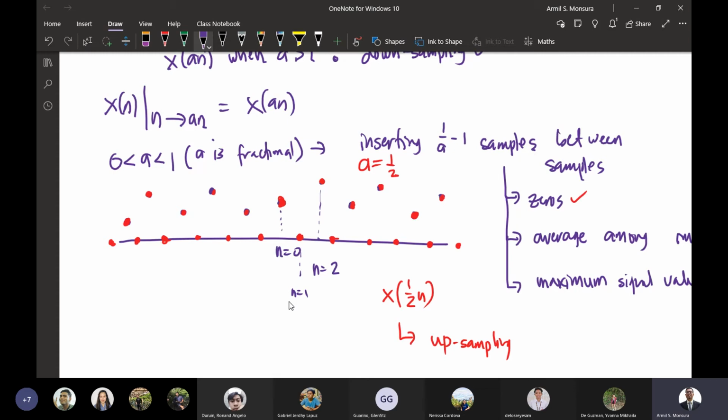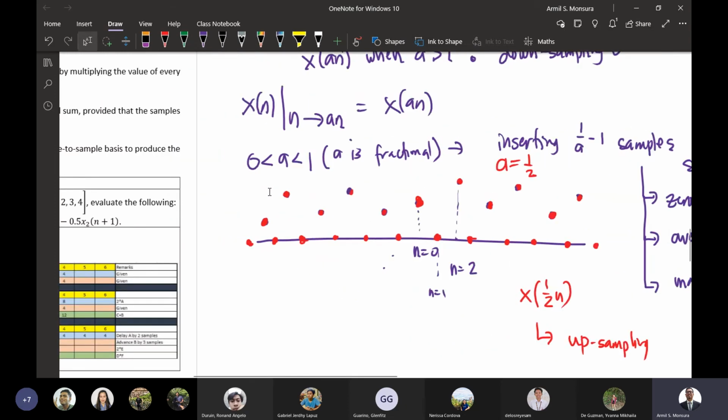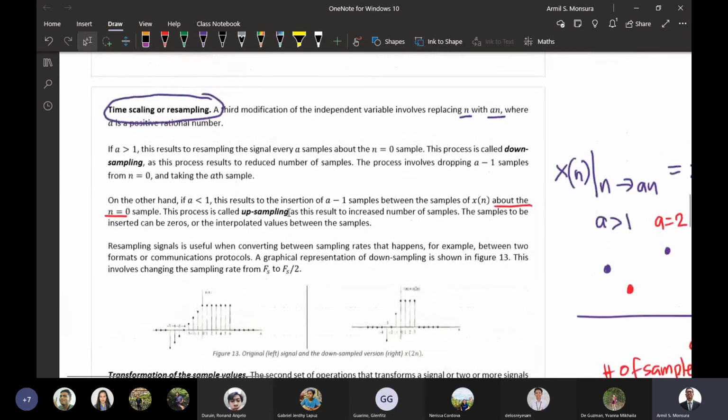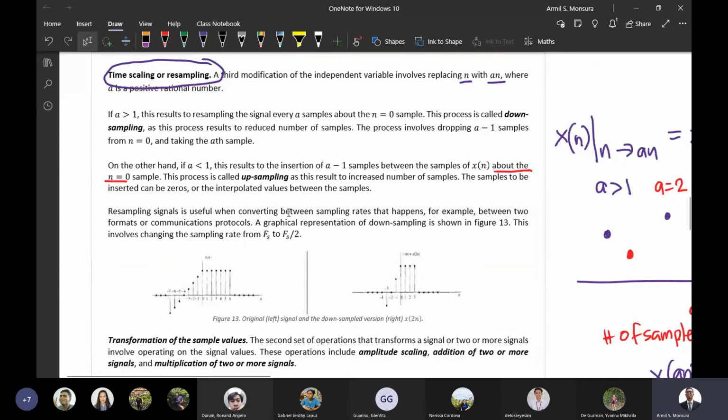Mabe-verify niyo yun kapag tinignan niyo yung mga table na nandito sa example. Okay? Wala pala siyang example dito kasi nga hindi ko masyadong inano tong part na to, kasi ito ay nasa activity ninyo actually.